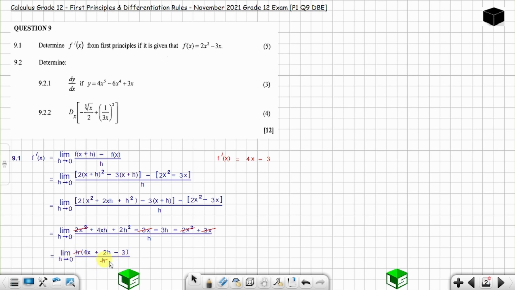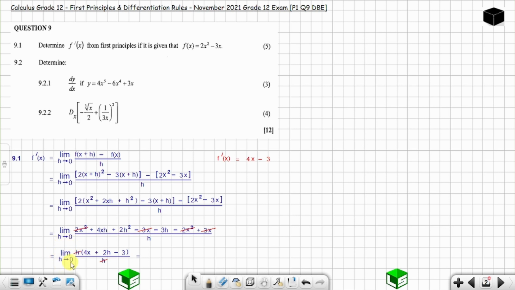Now you carry on. You can see now you can substitute 0 for h. Whenever you substitute 0 for h, you are going to drop this. Do not write this. This is the only time you are going to drop this.